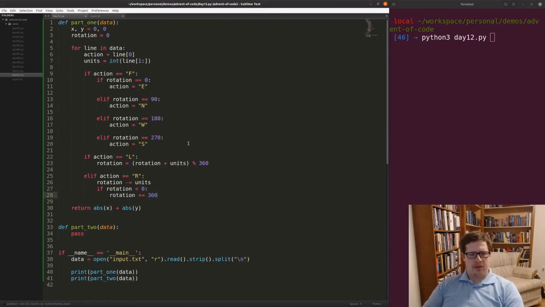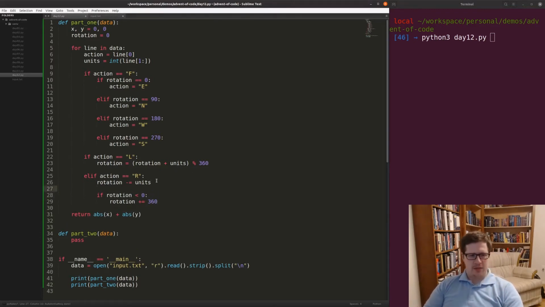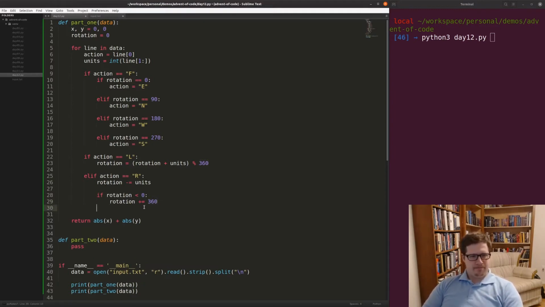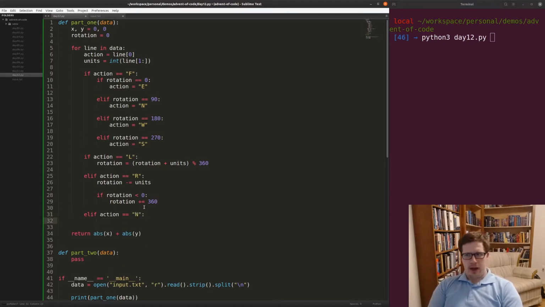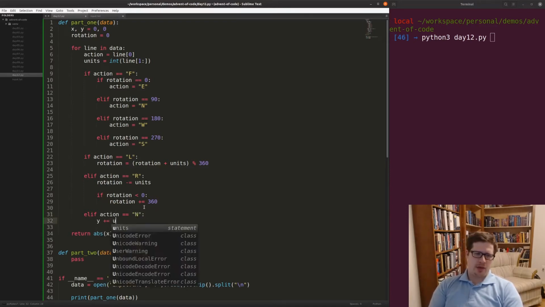Right? So if our rotation ends up being less than 0, we want it to in fact be 0 or greater, so we're just going to add 360 to it. Okay. If action is north, then we're going to say y plus equals units.